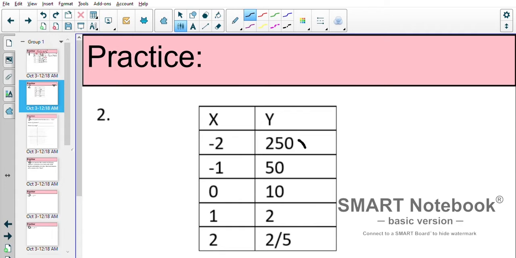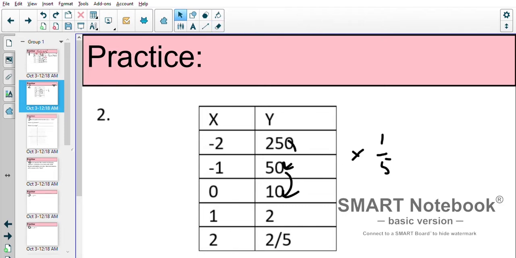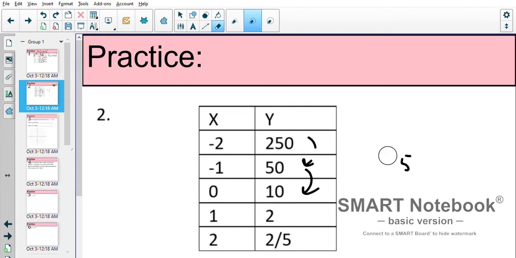Okay, this next one, going from step to step, we can see that we're dividing by 5, and that can be written as multiplying by 1/5. So I'm going to keep that multiplication, and we're going to consider this as multiplying by 1/5. We have our y-intercept this time, so we have all of the information we need.